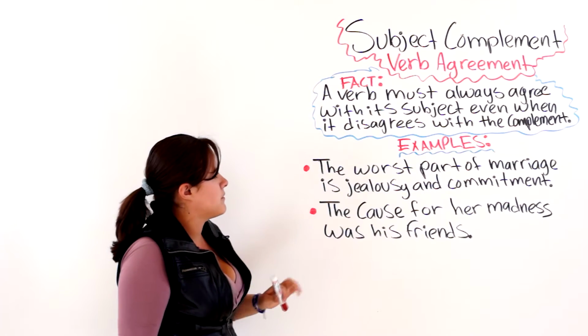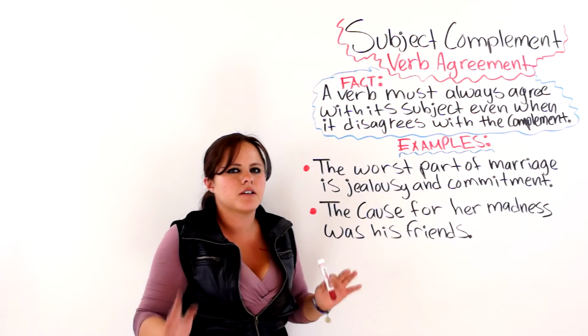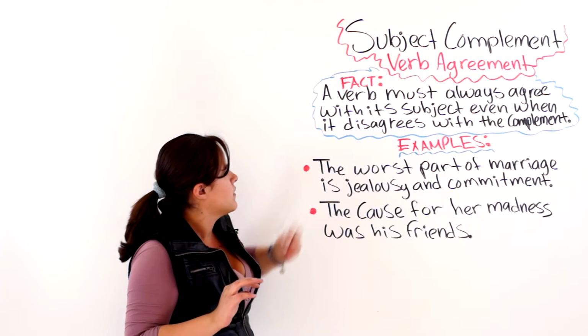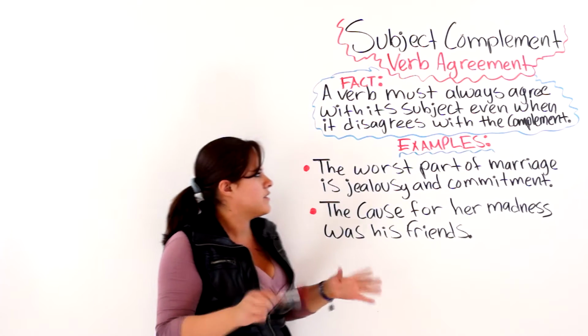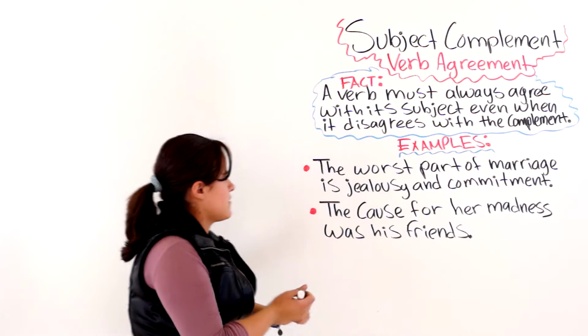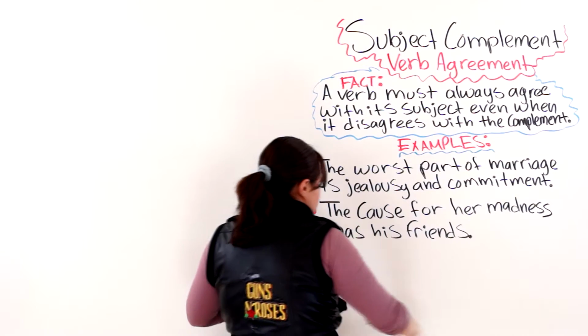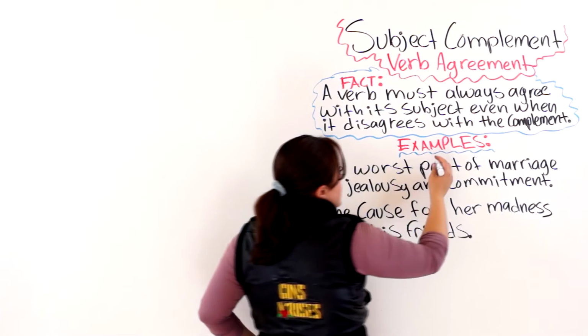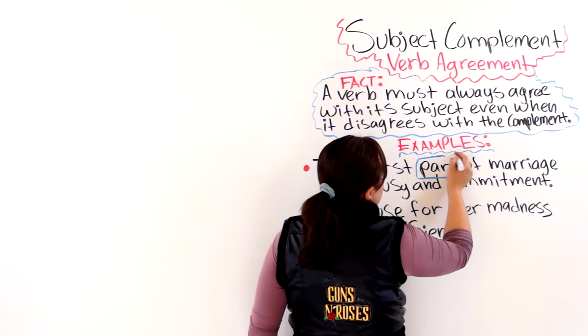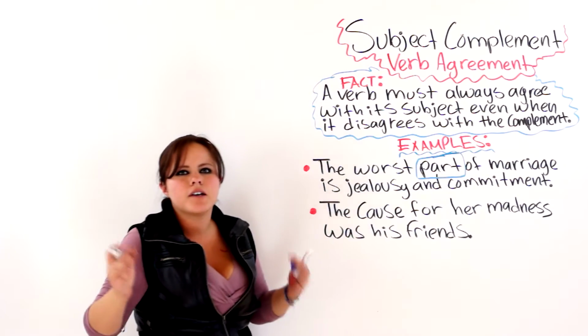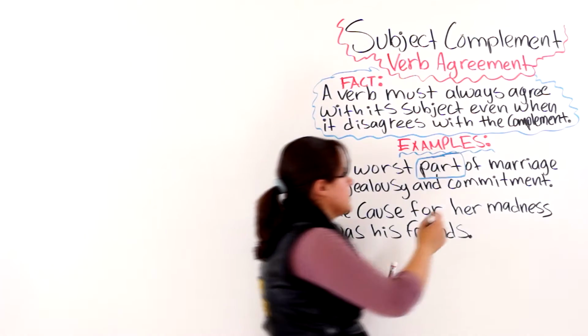I have two examples here written on the board so that you can see clearly what I'm talking about. The first one says, the worst part of marriage is jealousy and commitment. Okay, that is just an example. As you can see, our subject is part. The worst part of marriage. Why can't marriage be the subject?